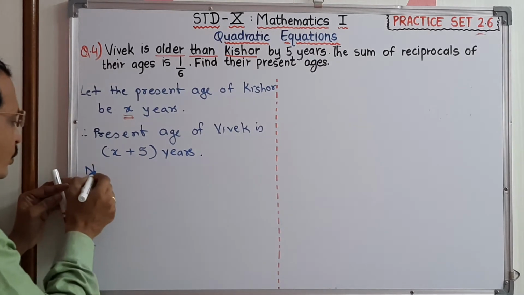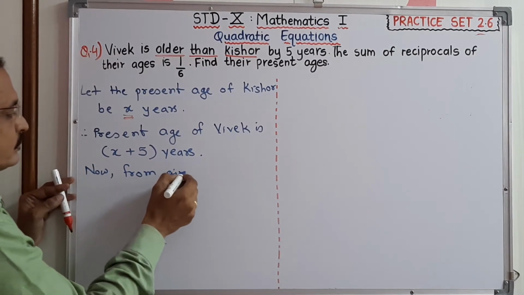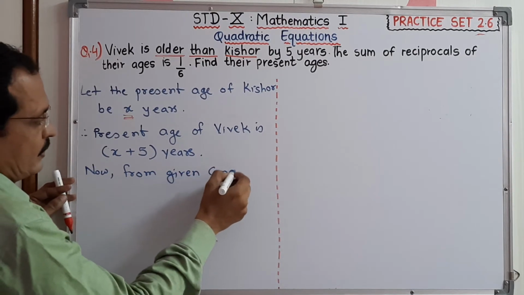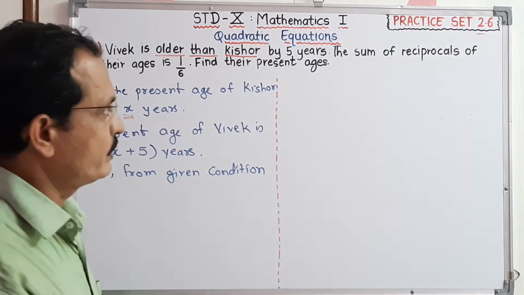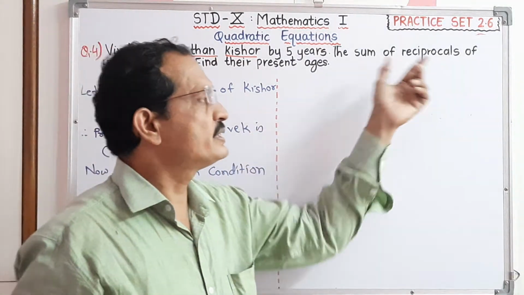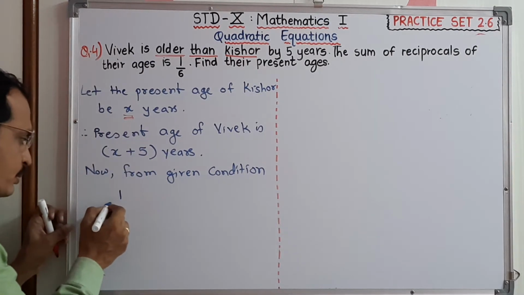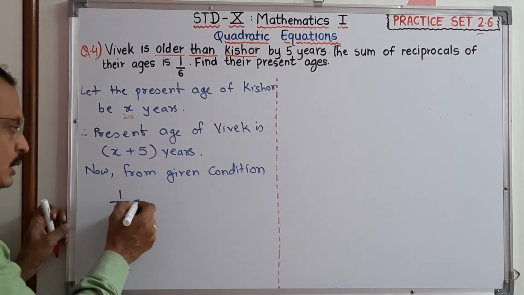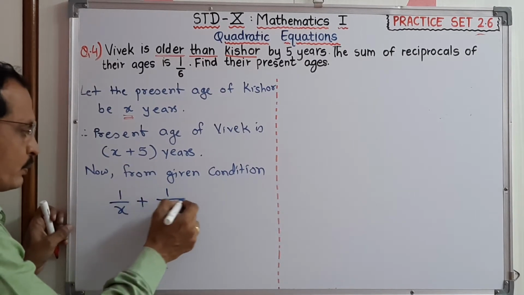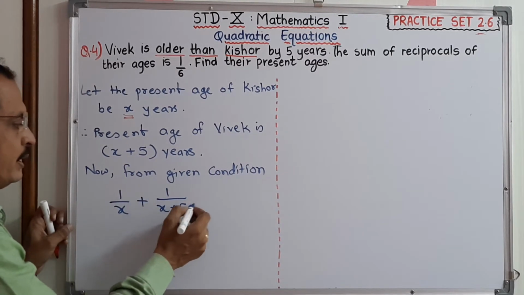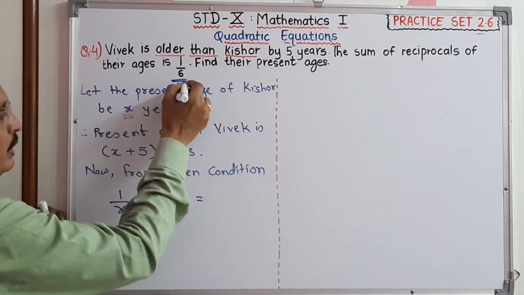Now, from the given condition, we have to form the equation of the sum of reciprocals. Here it is x, its reciprocal is 1 upon x, plus it is x plus 5, we have to write 1 upon x plus 5, and if we make the sum, that is equal to 1 upon 6.